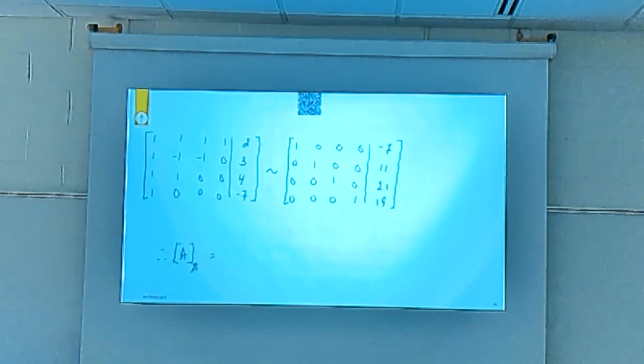What is our coordinate vector then of A with respect to this basis B? What's our coordinate vector? Which is what?